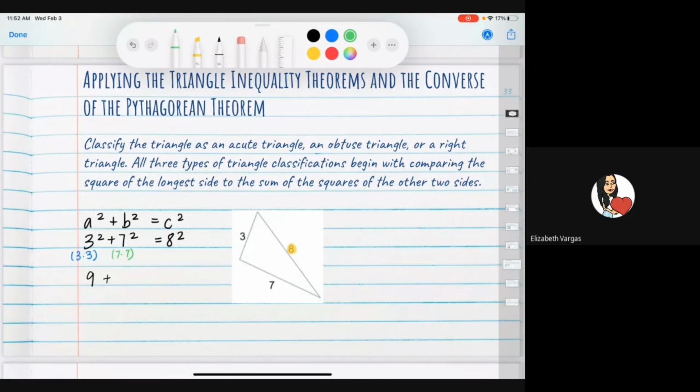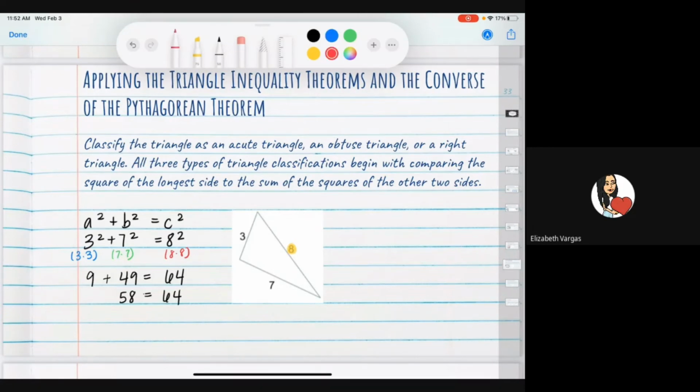This is basically saying 7 times 7, which is 49. And then this is basically saying 8 times 8, which is 64. Now we're going to see 49 plus 9 is 58 is equal to 64.